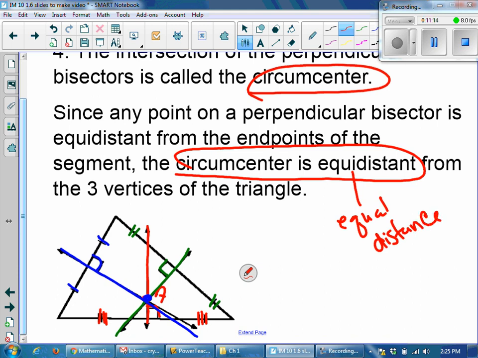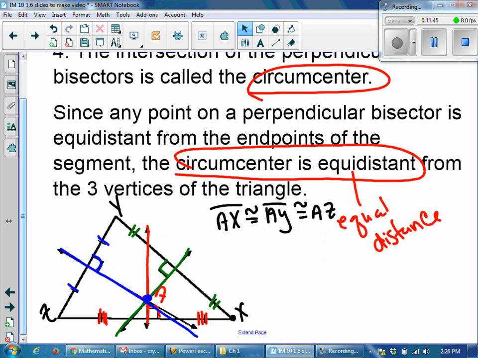So A, my circumcenter here, is the same distance from X as it is from Y as it is from Z. So AX is congruent to AY, which is congruent to AZ. So if I wanted a point that would be the same distance away from all the vertices of the triangle, I would want that point to be called the circumcenter.